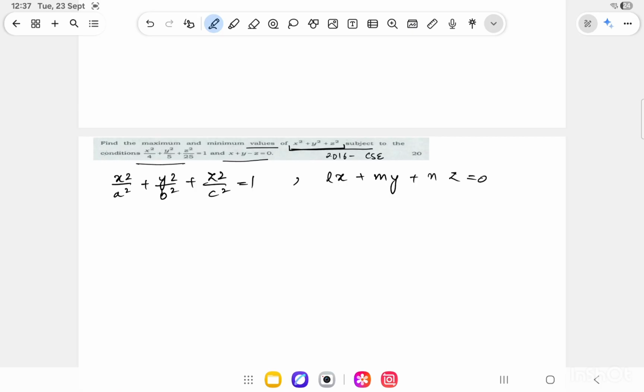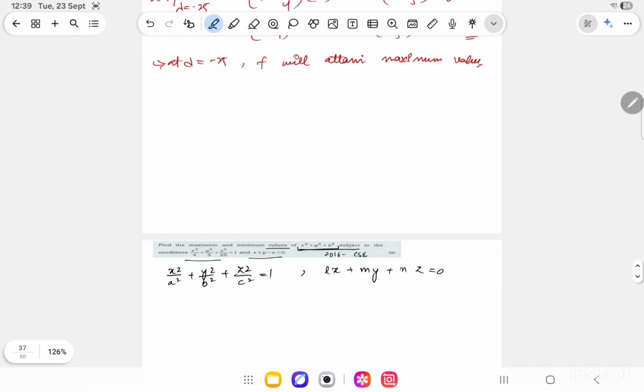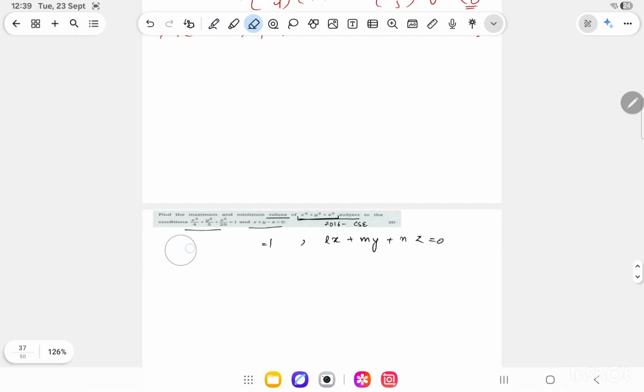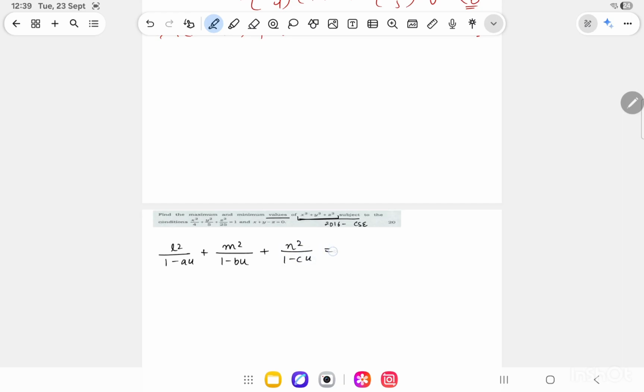So we basically got the condition as l square by 1 minus au plus m square by 1 minus bu plus n square by 1 minus cu equals to 0, where my conditions are ax square plus by square plus cz square equals to 1 and lx plus my plus nz equals to 0.